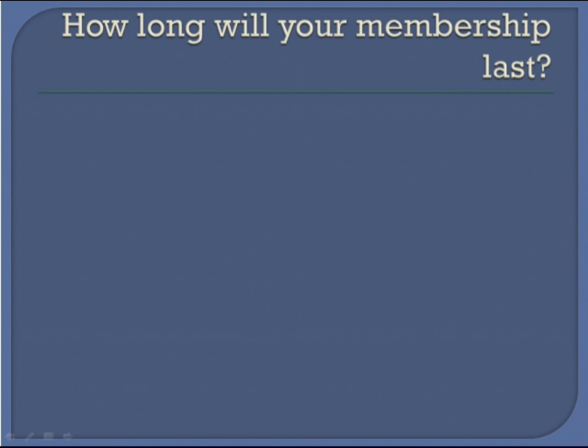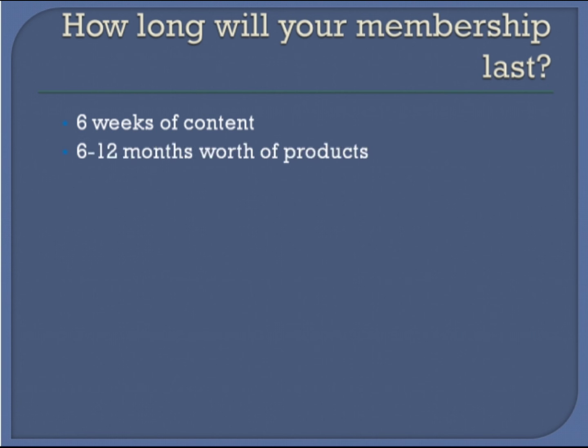What you can do initially is gather all the content and see how much content you have, and what kind of content you might need to add. That will tell you how long your membership site will last realistically. You could have 6 weeks of content, you could have 6 to 12 months worth of products. It really depends on your audience and who is buying your products.